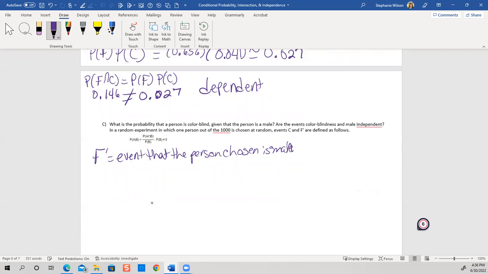All right, are the events colorblind and male independent? So we want to know if they're independent. Now that we know the F complement is the man chosen, we're still going to let C equal the event that the person chosen is colorblind.